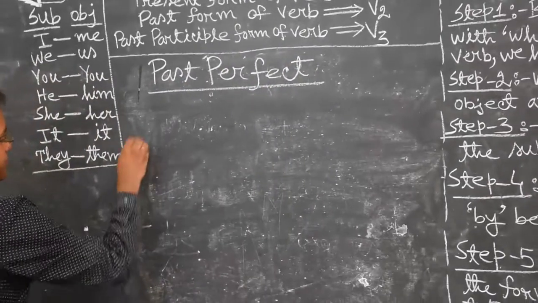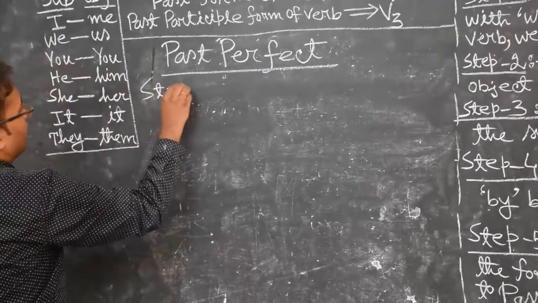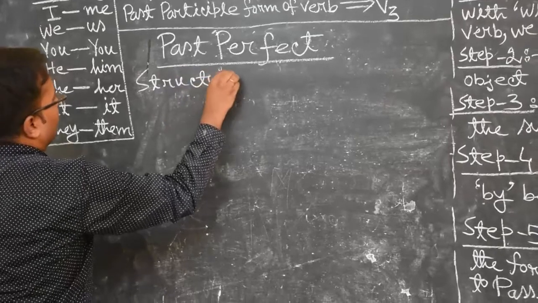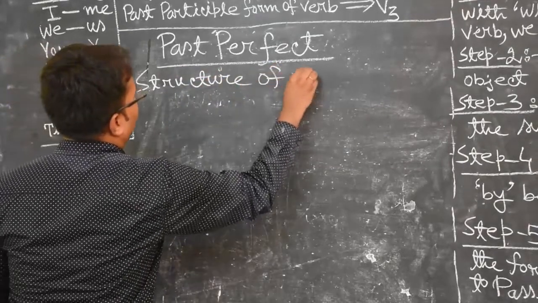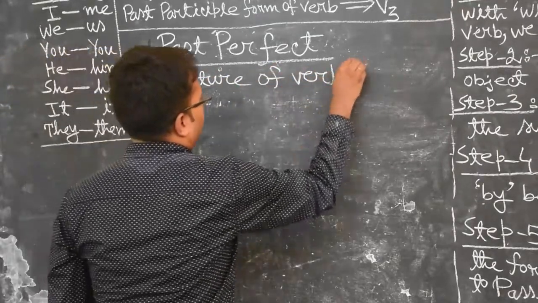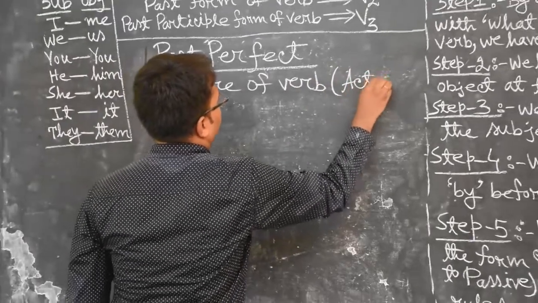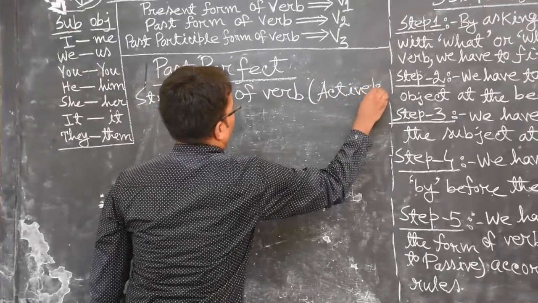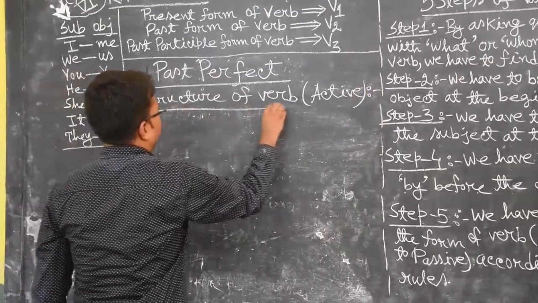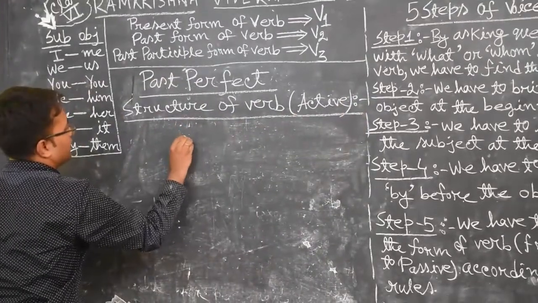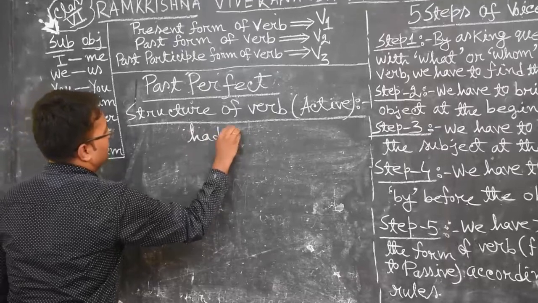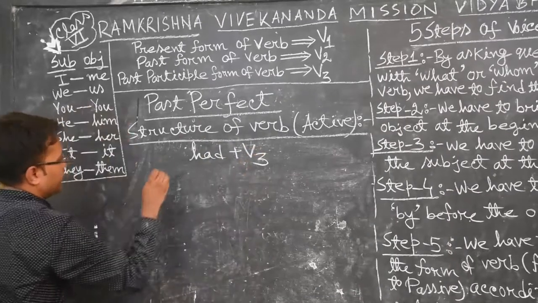Past perfect. The structure of verb active is had plus V3.